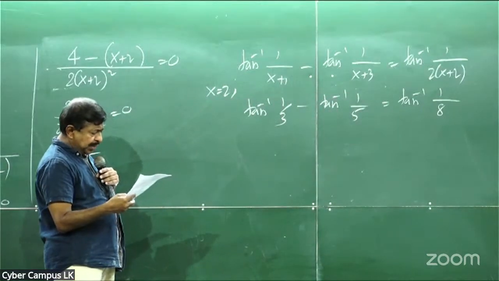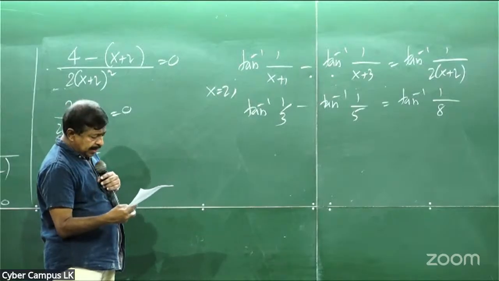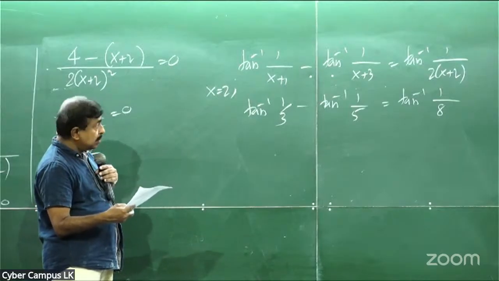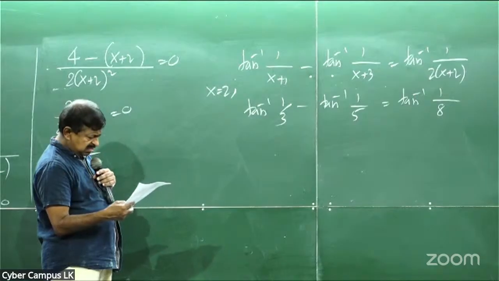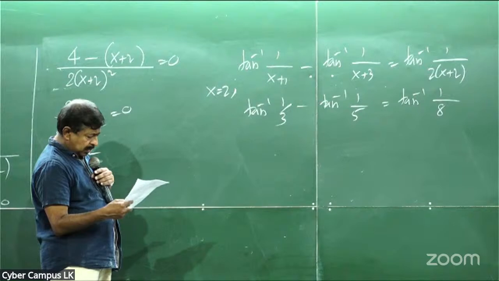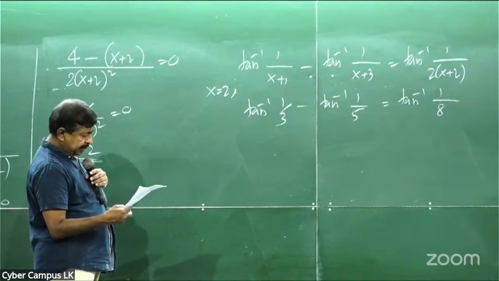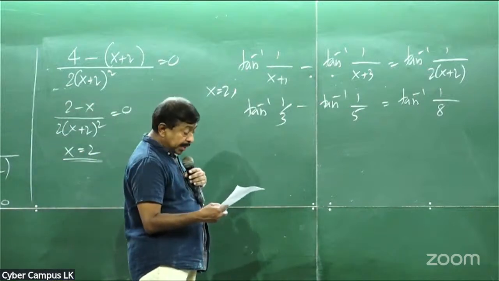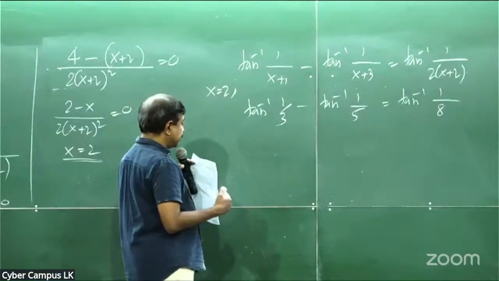Okay, we have to find sine of tan inverse 1/3 plus tan inverse 1/8. That is not possible, right? Look, it should be like this.